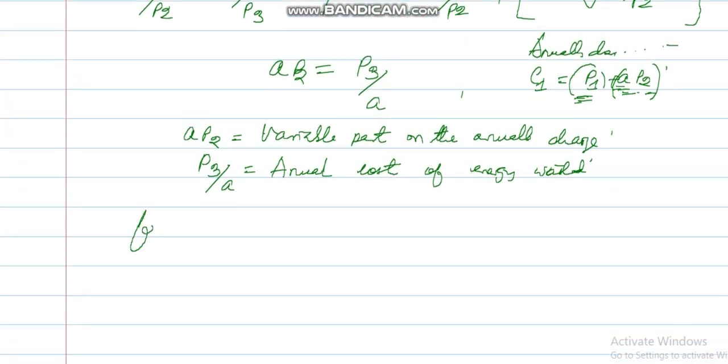for C total to be minimum, na C total tunajua kwamba ni annual cost of the transmission line.